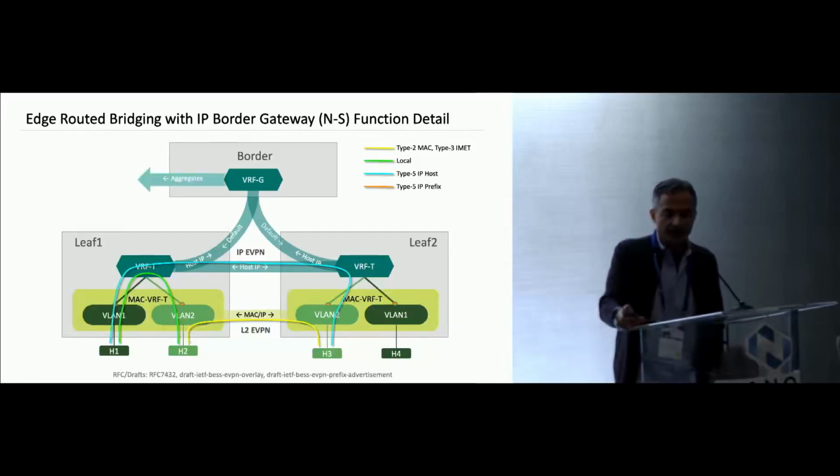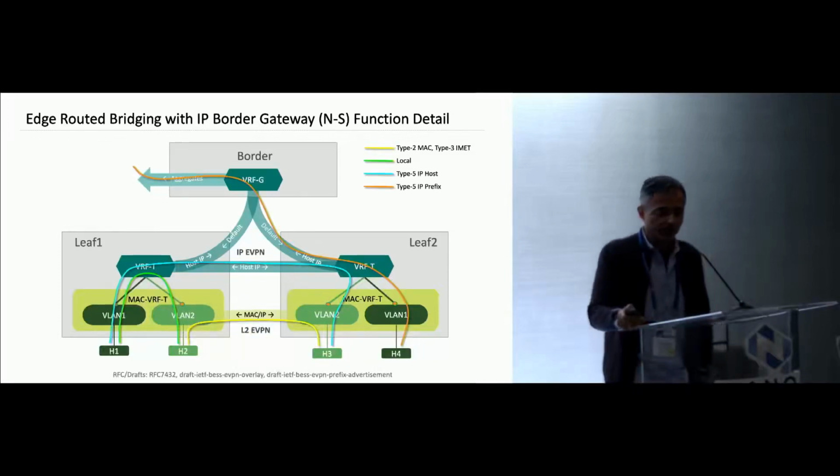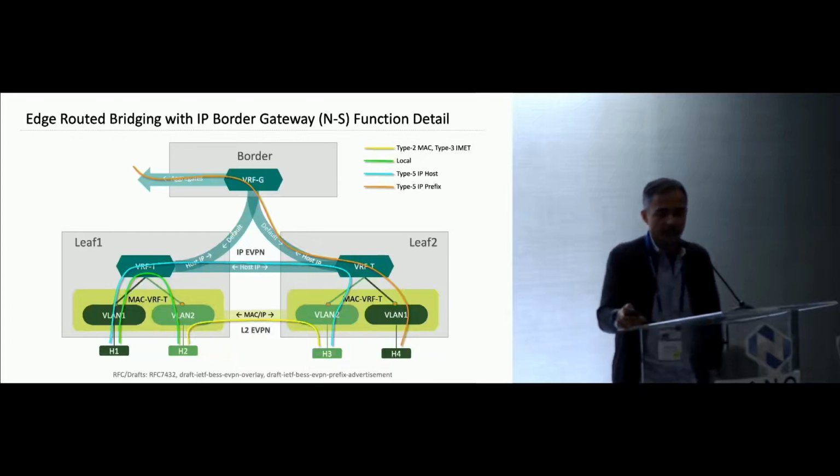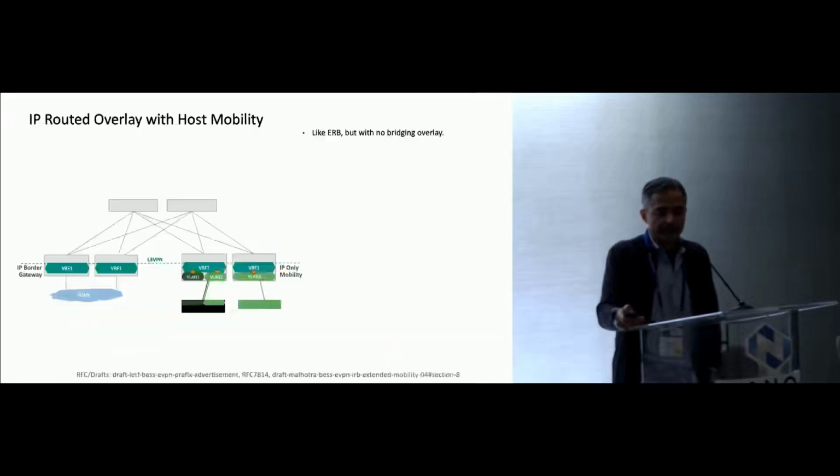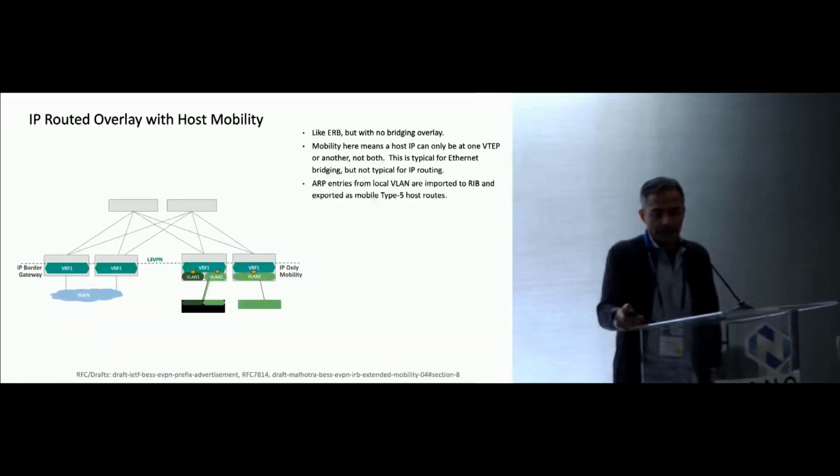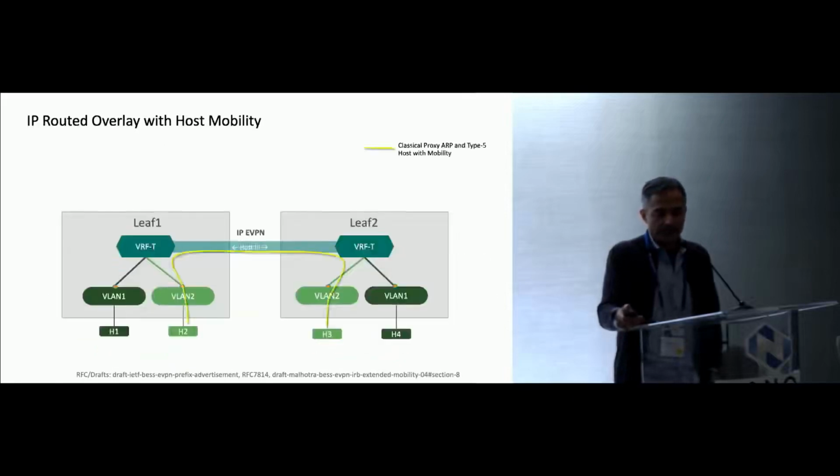We also announce to external, maybe an aggregate of these host routes from the VRFG, and we have communication between the tenant end systems and whichever external networks you need to reach. Okay, all right. I'm going to skip over this in the interest of time.